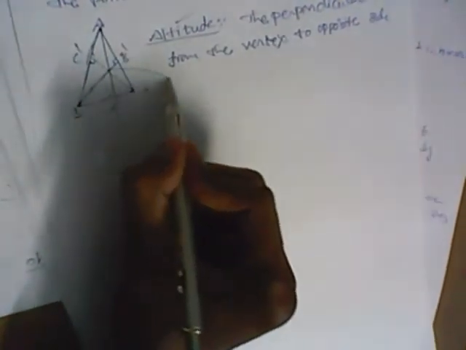Here these points are A, B, C. We can say A dash, B dash, C dash. Here A dash is one altitude, B dash is one altitude, C dash is an altitude. These three altitudes meet at a single point. That point is nothing but the point of concurrence, or orthocenter. We can denote it as O.